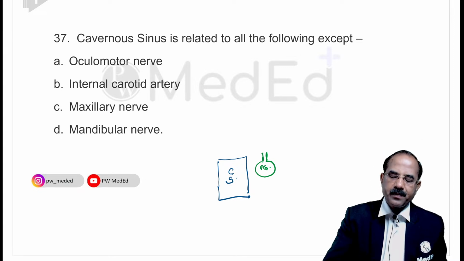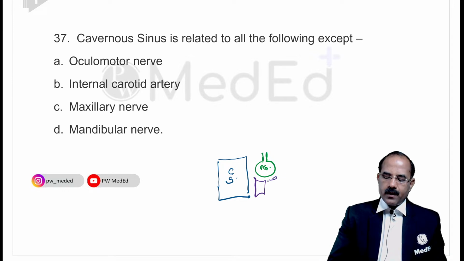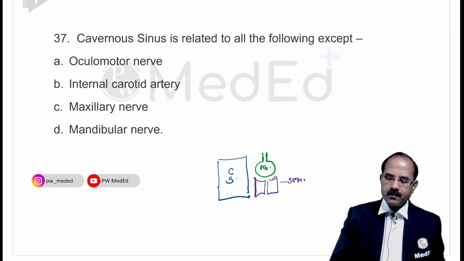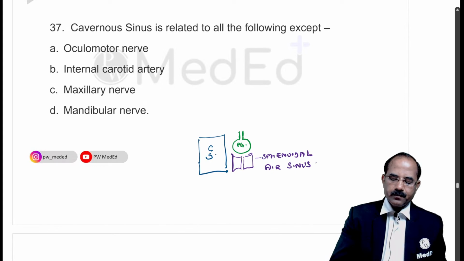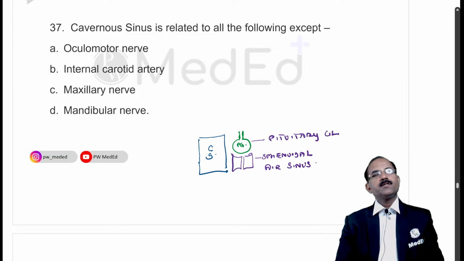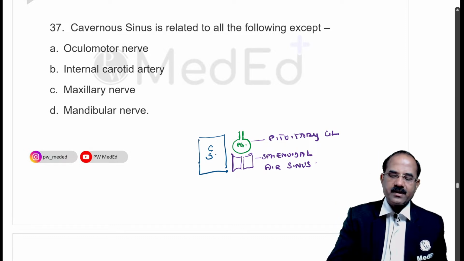And what is below it? That's an air sinus. What is this air sinus? This is the sphenoidal sinus. That's the pituitary gland, and that's the sphenoidal sinus. These are in the medial wall of the cavernous sinus.